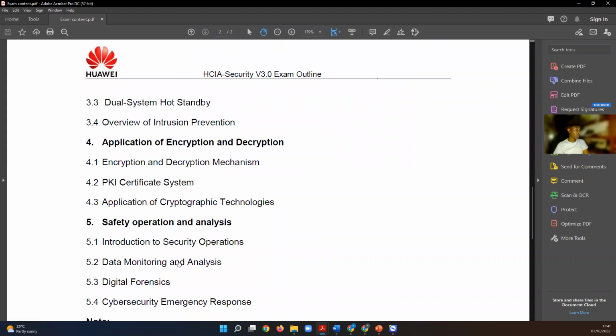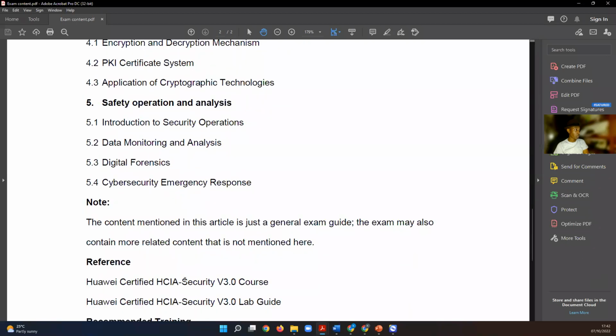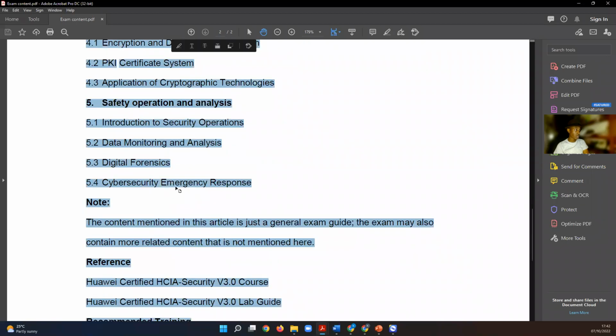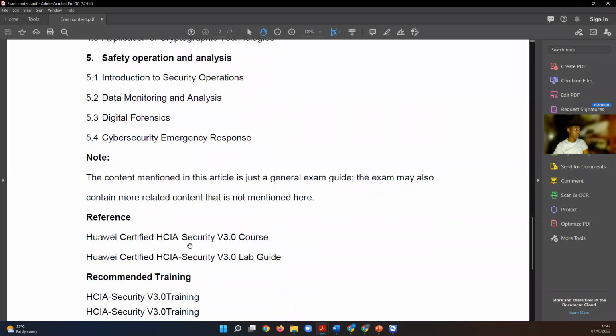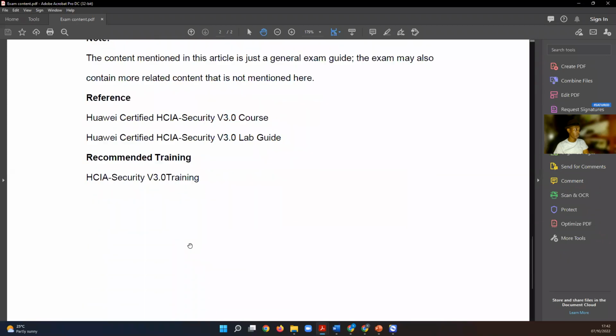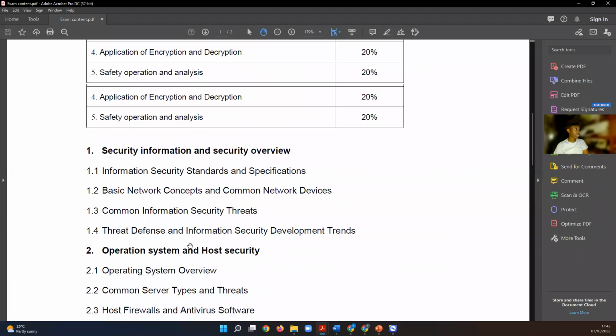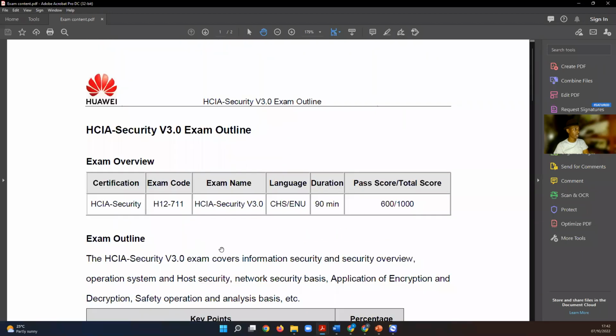I already mentioned that I haven't covered much on data monitoring and analysis as well as digital forensics, so it is something that we need to check, but we have already looked at SecOps and also the cybersecurity emergency response, which usually comes up in the exam. So that is the exam outline.